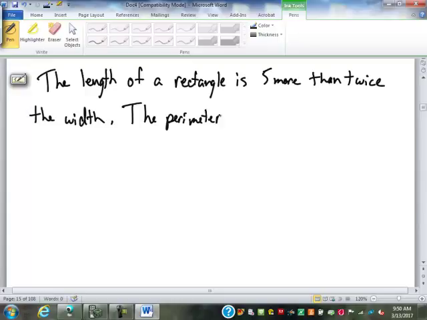The perimeter is 250 inches. Find the length and the width.